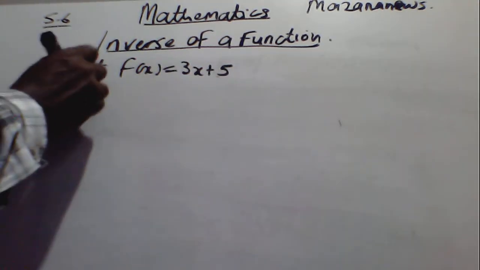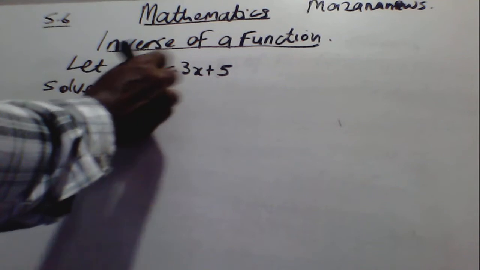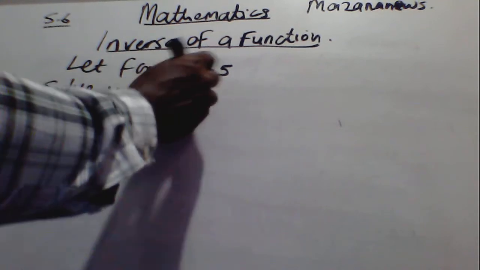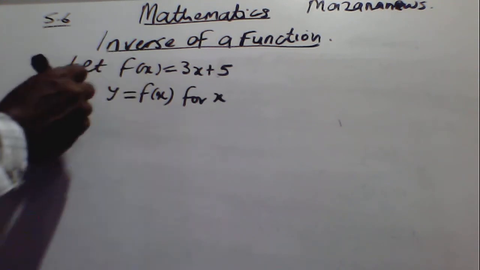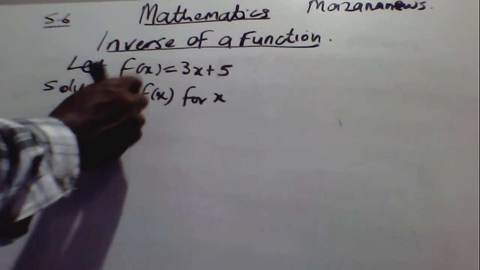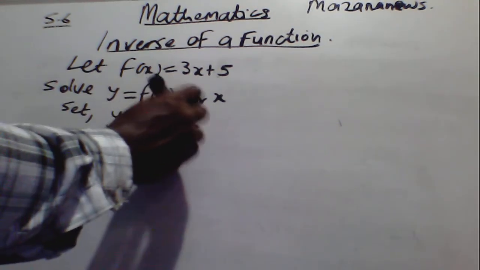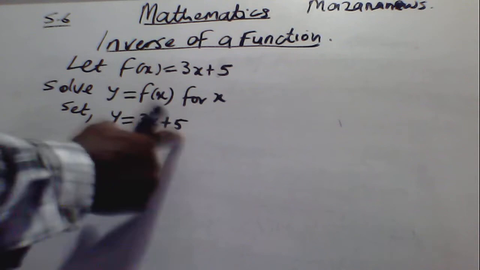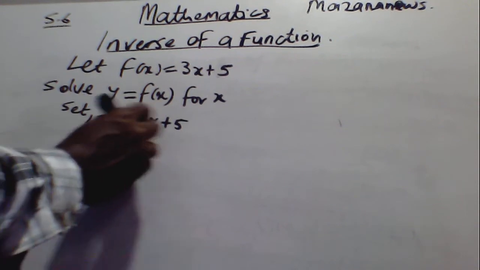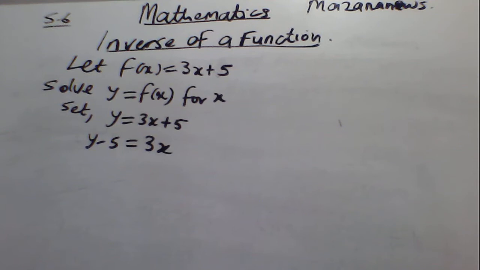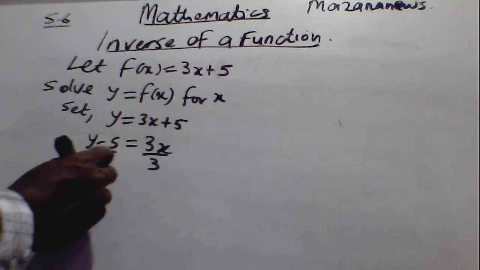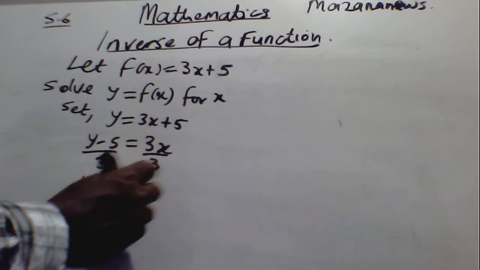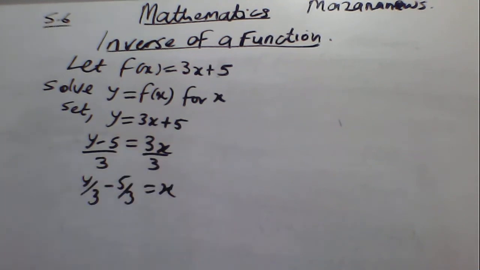Solve y equals f of x for x. We are now to define the inverse function. So from here, set exactly what we did in the past, y equals 3x plus 5. Then subtract 5 from both sides. We have y minus 5 equals 3x. Divide both sides by 3. You have y over 3 minus 5 over 3 is equal to x.